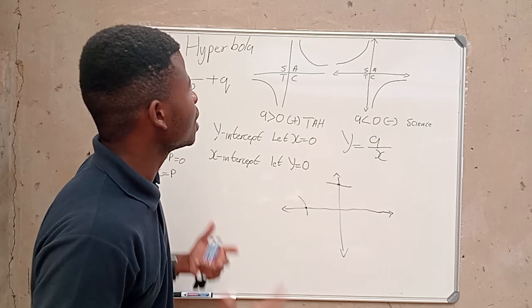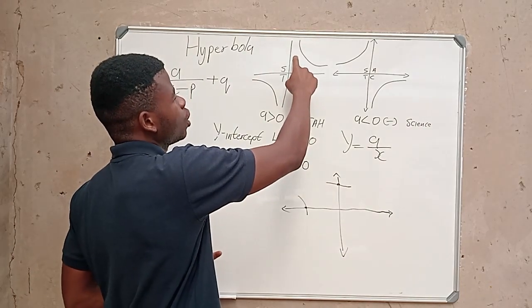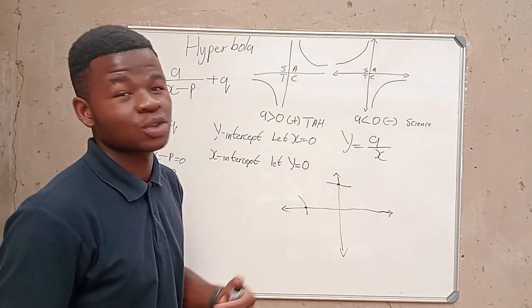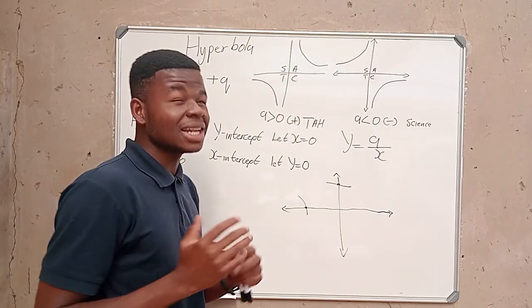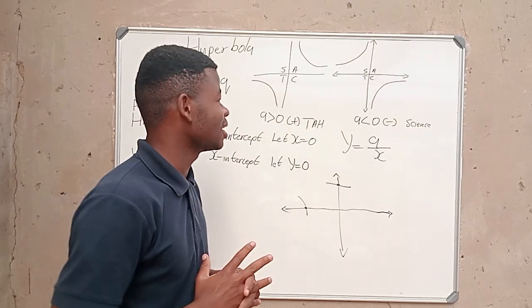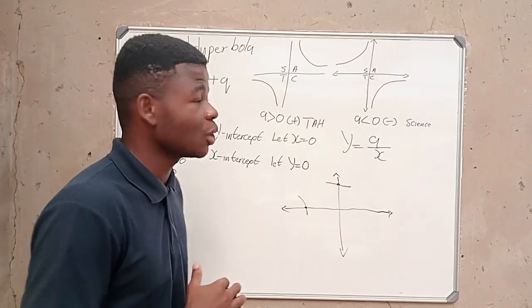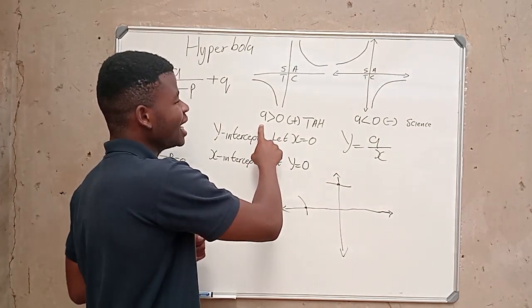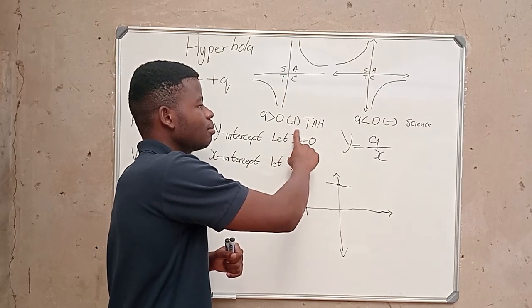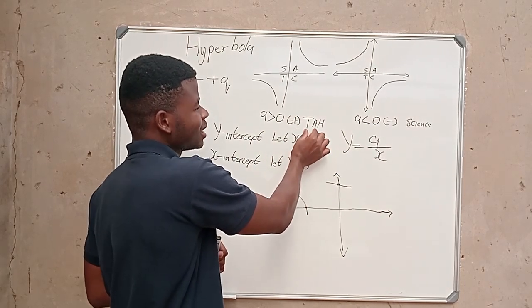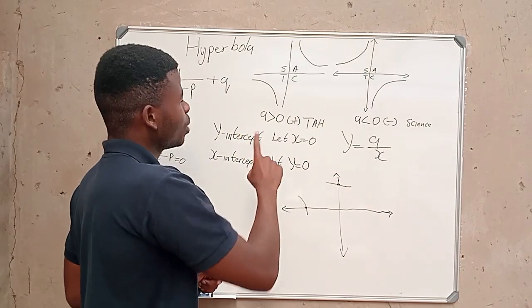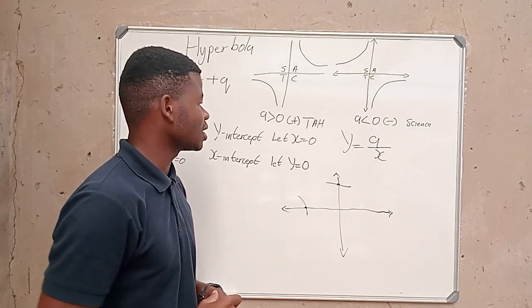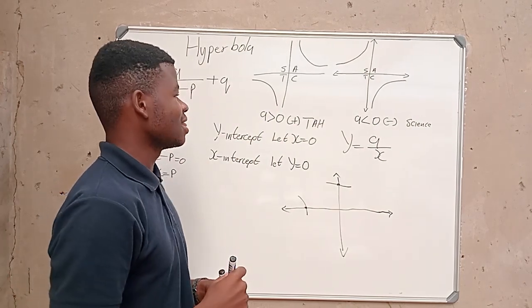In trigonometry we have something called All Students Take Coffee. My students know in class how I remember this acronym, but for you, because you are writing tomorrow, let's just go into this. When a is greater than 0, it is positive, meaning ta, so the graph is going to be in the first quadrant and the third quadrant. Understand?